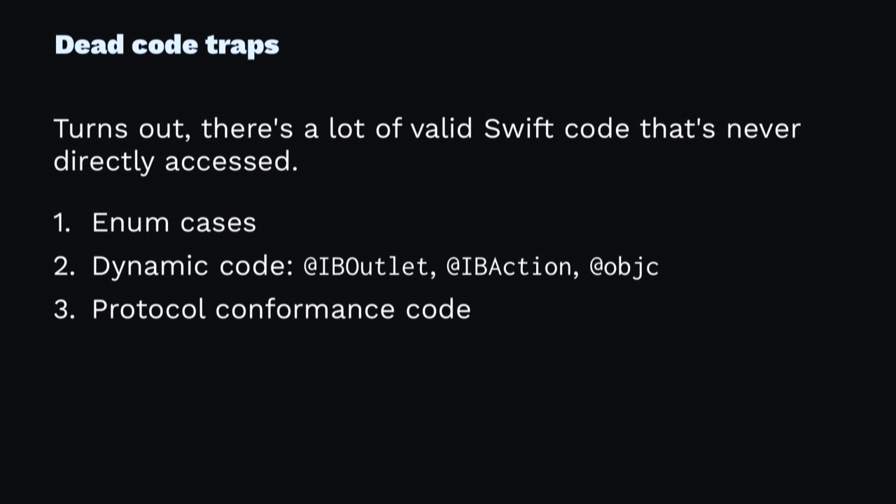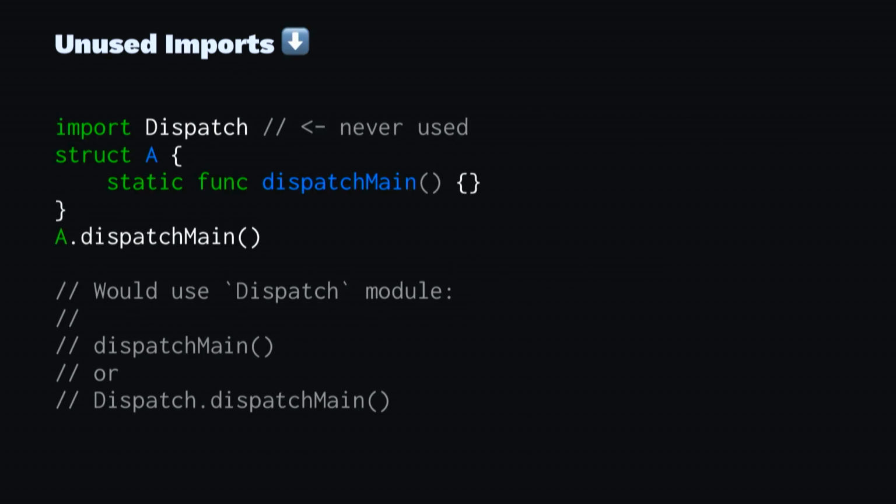So yeah, just sharing some findings that I found interesting while building this. And along the same lines, you can build a way to detect unused imports. In a similar way as dead code, unused imports can be indicative of a larger systemic issue with a code base.